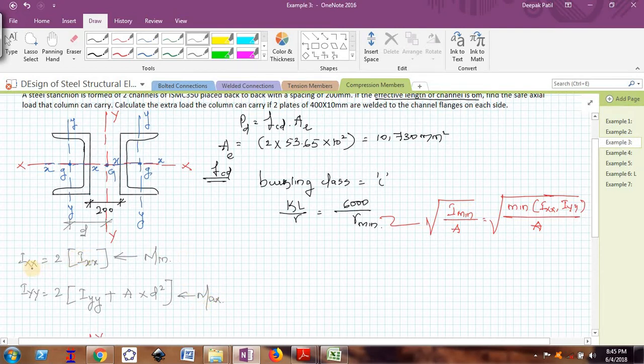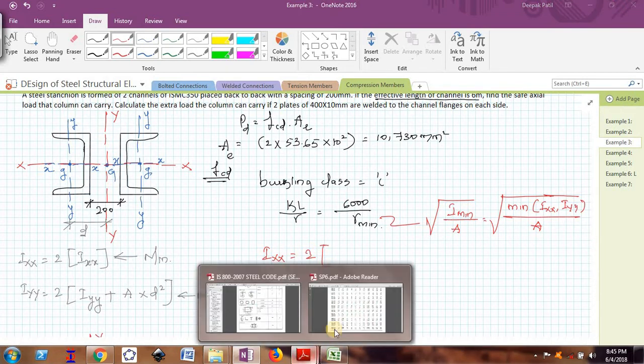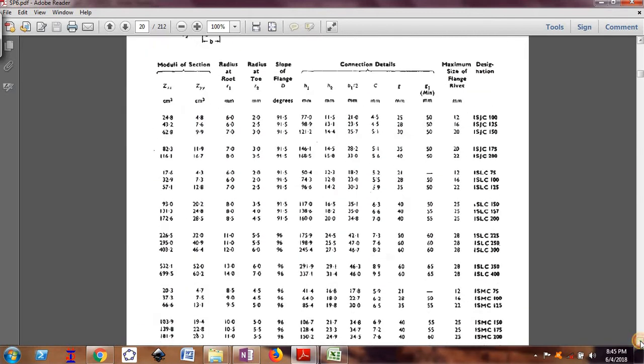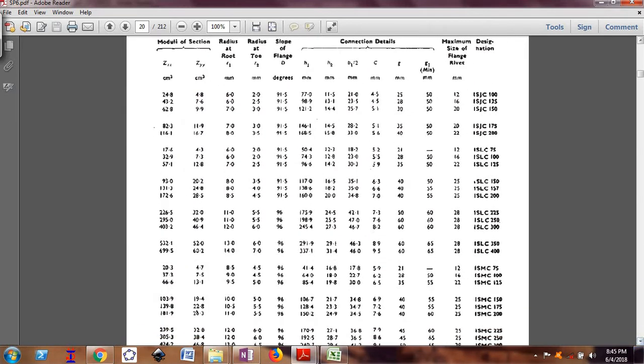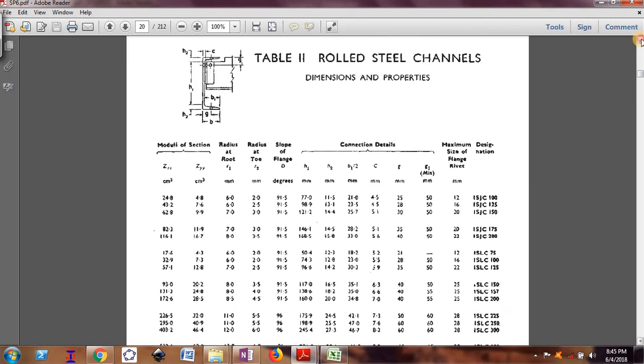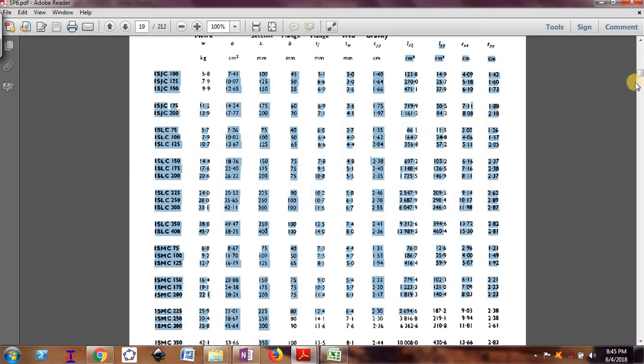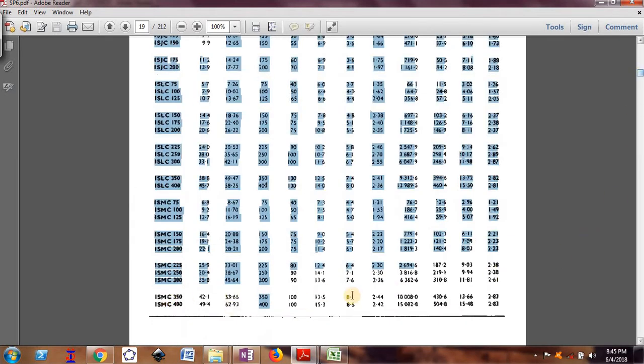Out of these two, the local moment of inertia about XX axis is minimum, so that I have to use here. So IXX is 2 times the minimum moment of inertia about the local XX axis. For ISMC 350, I need to find that value from the table.